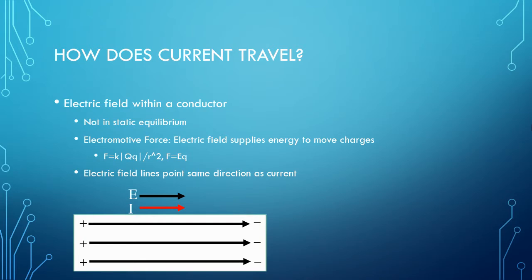The force that is causing those charges to move is the electromotive force, and that's the Coulomb force, the force between these charged particles. As one particle moves, it causes the other particles near it to also move, and we can represent that force by those two formulas there.